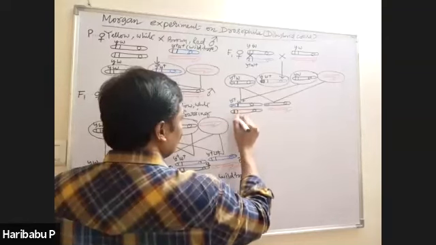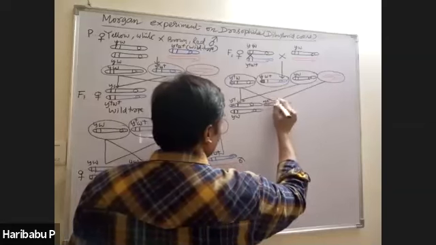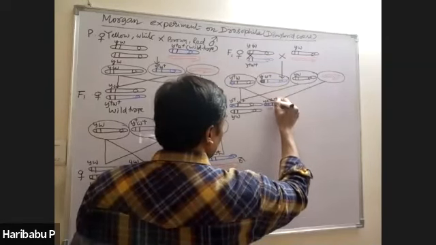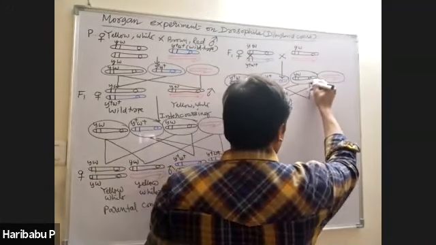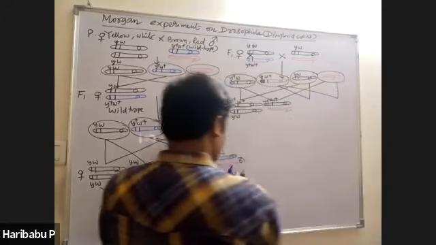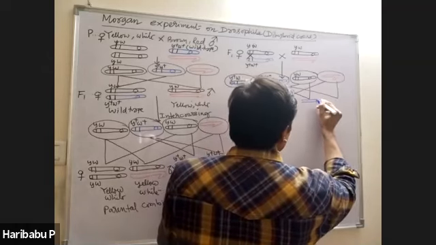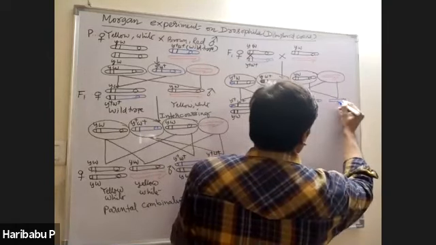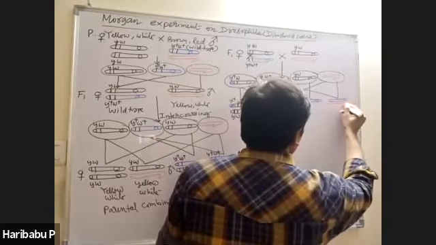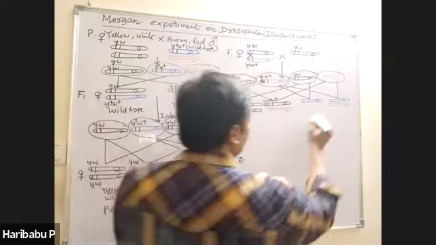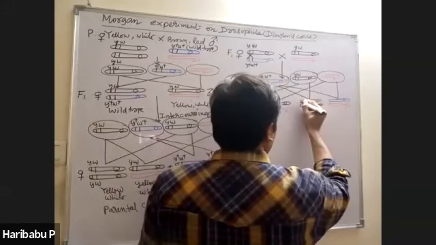Here the genes are YW. Here Y plus W plus. And finally, these two also. This can combine with this one. This can combine with this one. Now, I will write these two, this one and this one. Here it is male. Here again we will write this one.